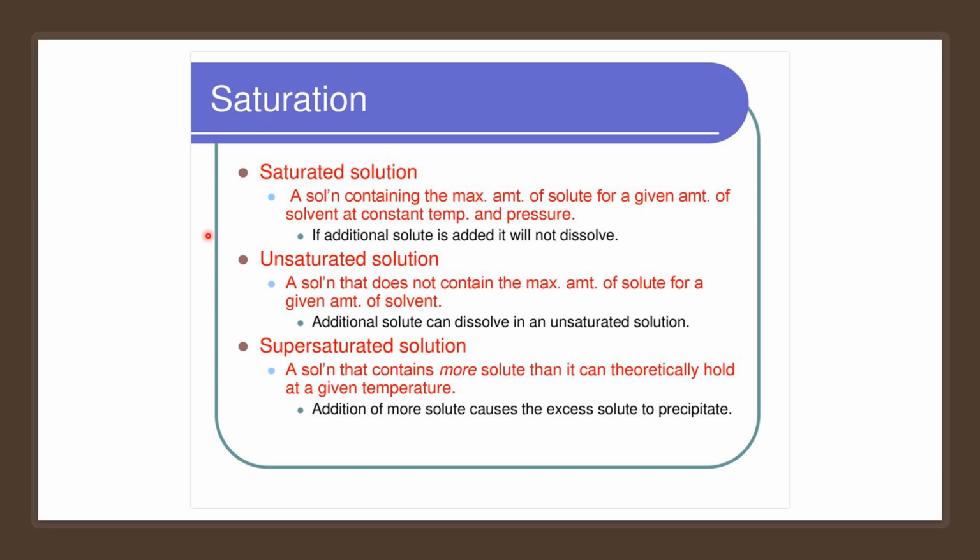An unsaturated solution is a solution that does not contain the maximum amount of solute for a given amount of solvent. So additional solute can dissolve in an unsaturated solution. A supersaturated solution contains more solute than it can theoretically hold at a given temperature, so that addition of more solute causes the excess solute to precipitate.